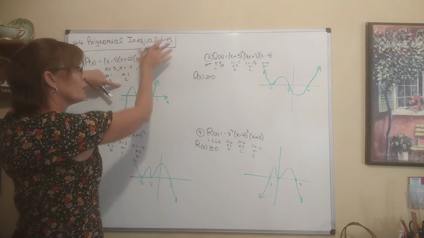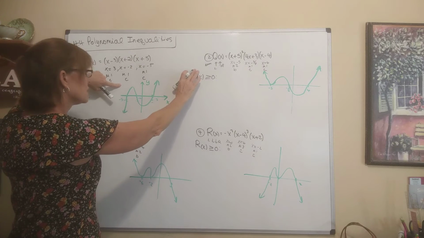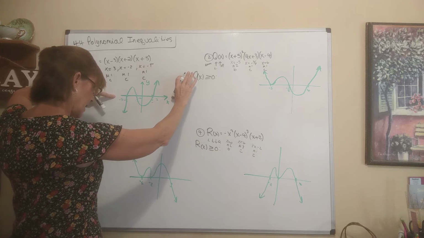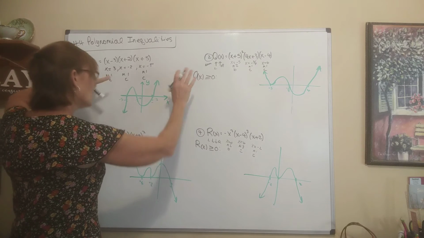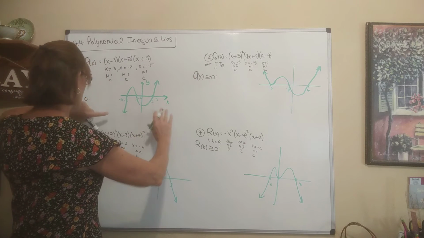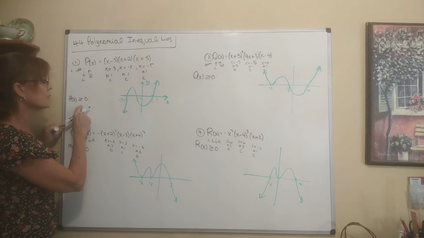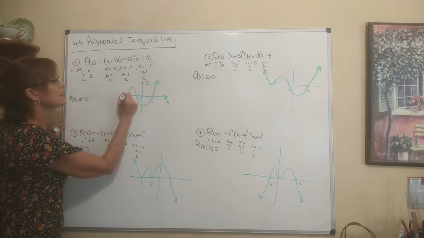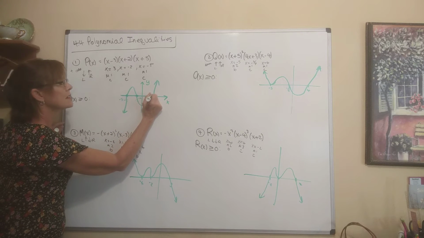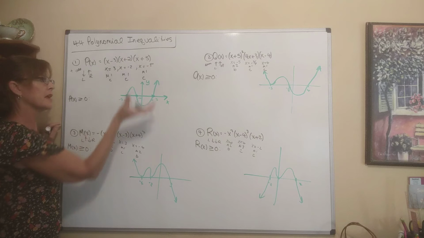This is where the positive y values are. It is equal to 0 when it's touching the x-axis, and it is negative when it is below the x-axis. So basically, where is this graph greater than or equal to 0? Anywhere it's touching the x-axis or above the x-axis.